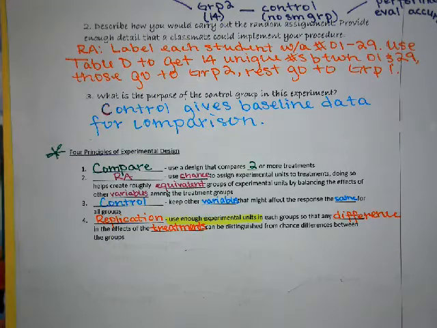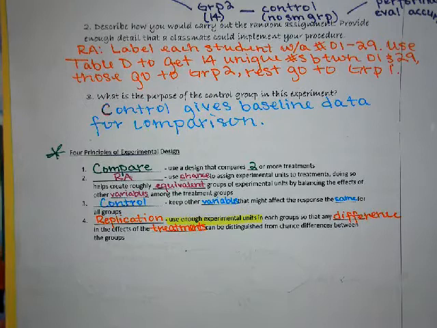If your sample size is big enough, then any difference between the treatments cannot be attributed to just happening purely by chance. So replication, like I said, makes me think repeat and do the experiment over again. That's not what it means. It means use a big sample size.